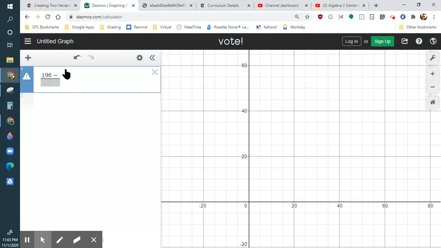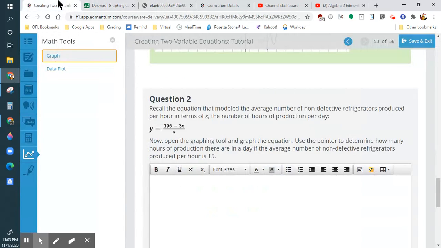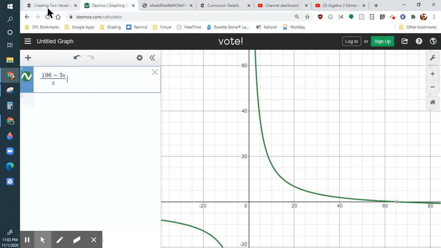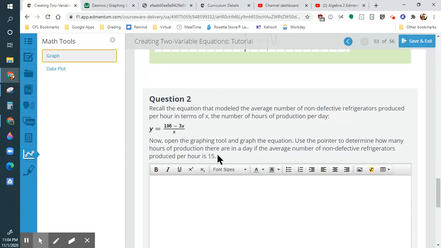3x minus 3x. And we want to find the value of 15. So 15 per hour. Here's an x number of hours. Now open the graphing tool. Use the pointer to determine how many hours of production it would take the average effective.